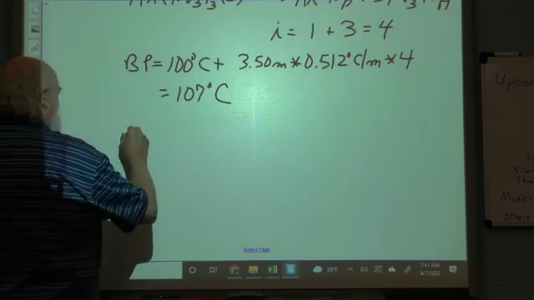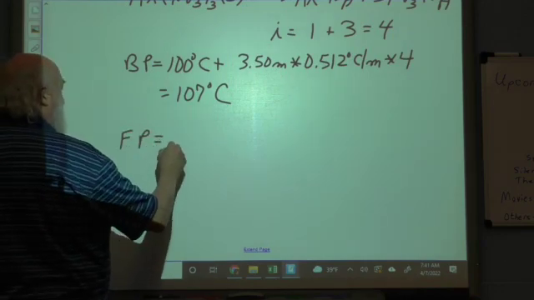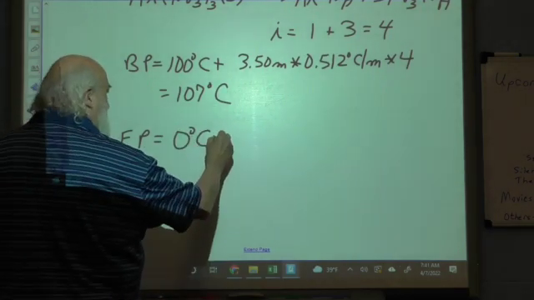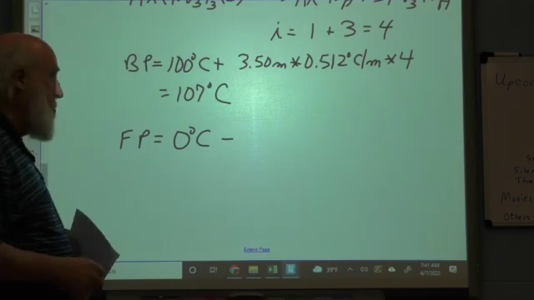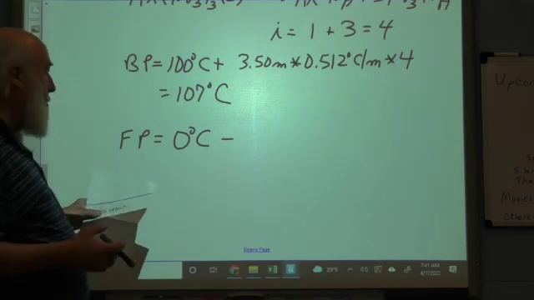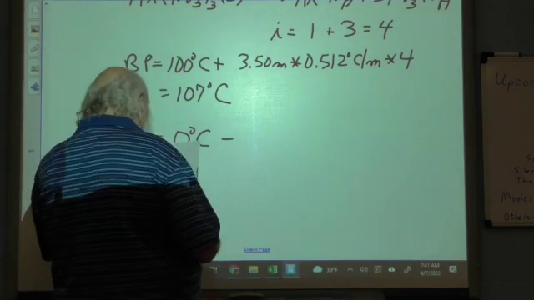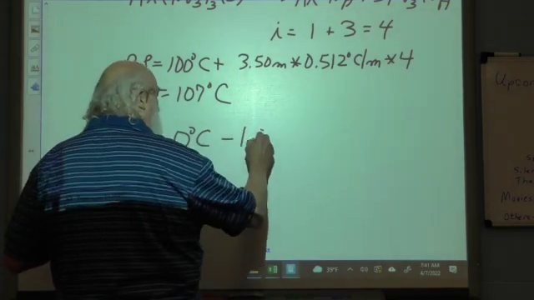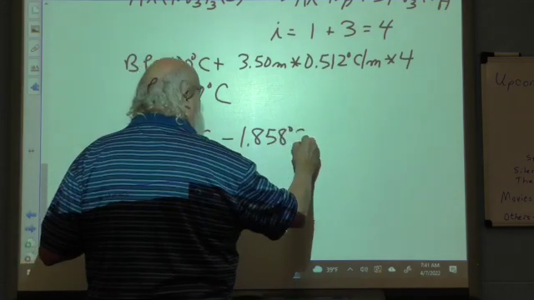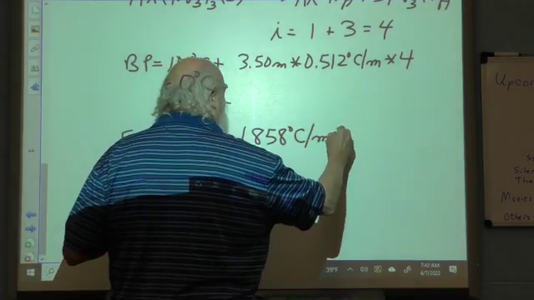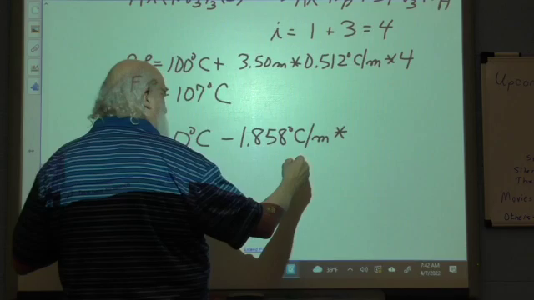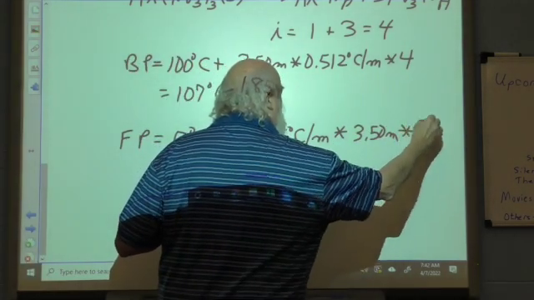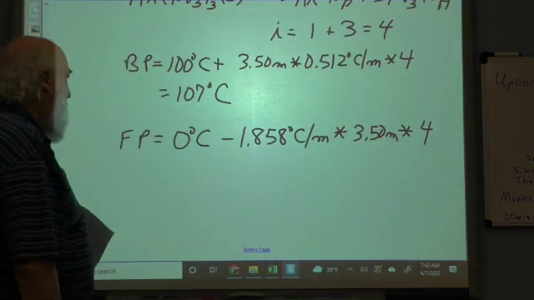The freezing point, the original freezing point is 0 degrees Celsius, and now because it's going to drop, because you add this stuff in there, the solute, that breaks down into 4 parts, this is going to equal the Kf, which is 1.858 degrees Celsius per mole per kilogram, times the molality, which is 3.50, times the Van 't Hoff constant 4.